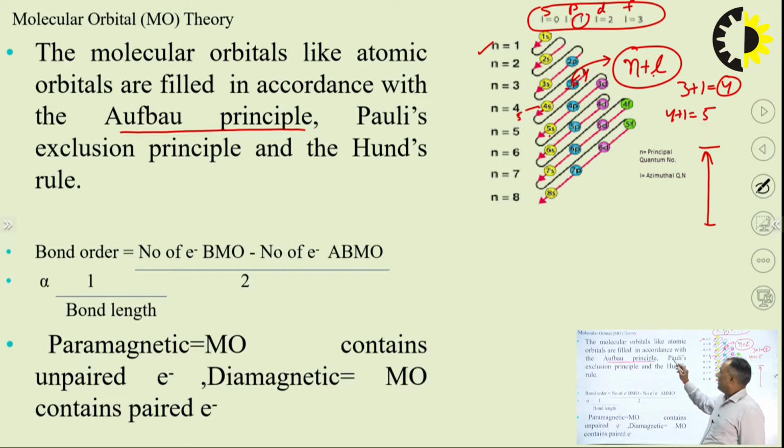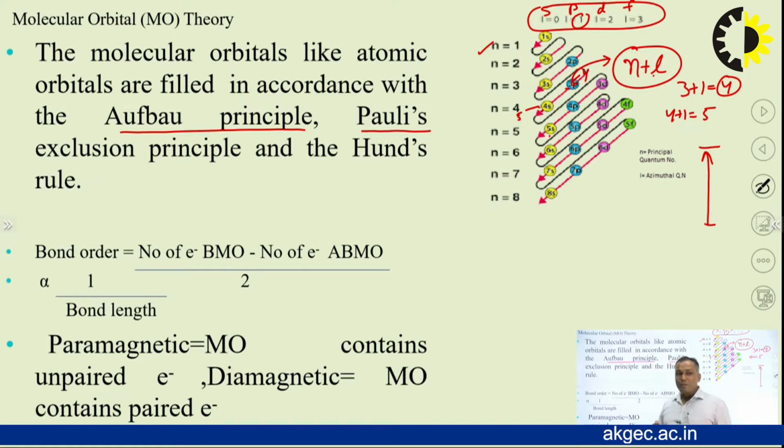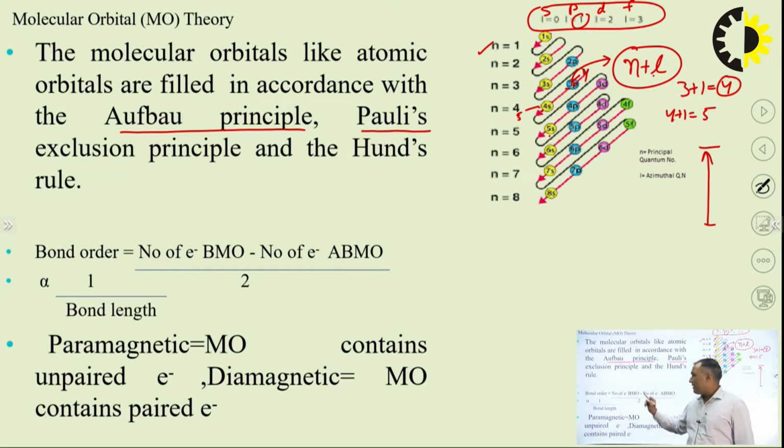Similarly, during molecular orbital formation, the filling follows Pauli's exclusion principle and Hund's rule. If we discuss the bond order, the bond order is basically the number of electrons in bonding molecular orbitals minus the number of electrons in anti-bonding molecular orbitals, divided by 2.